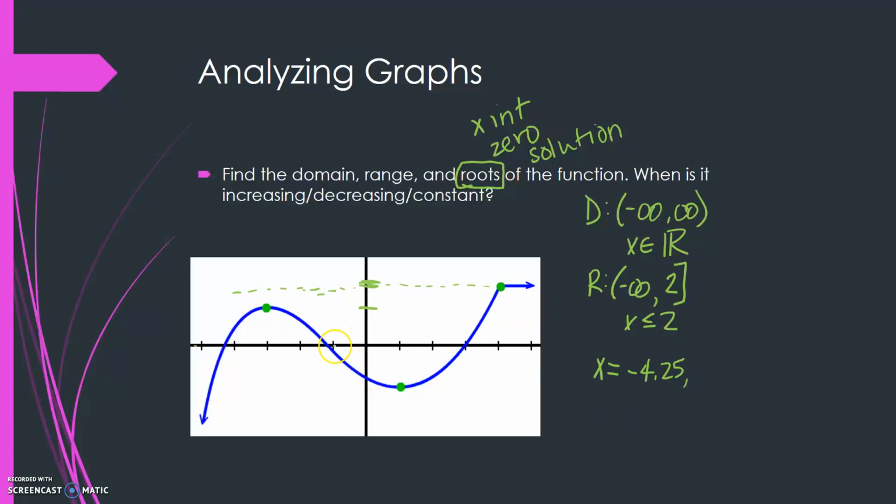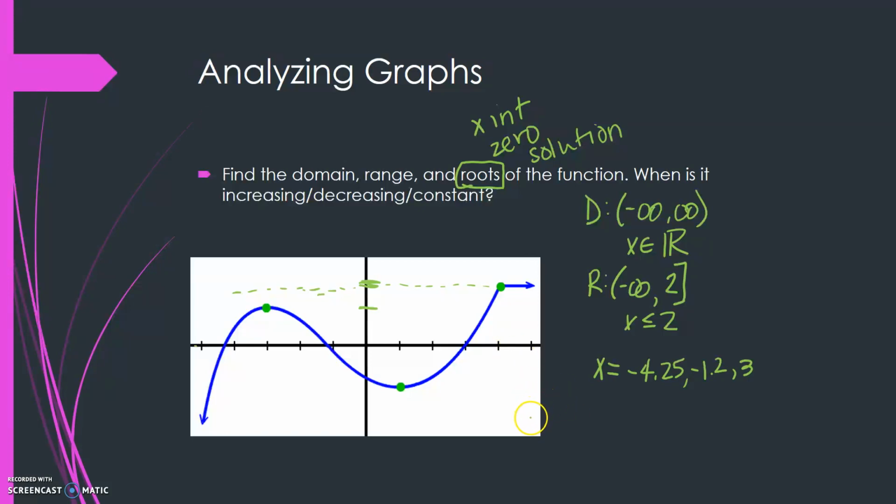The next one just past 1, so maybe like negative 1.2. And then the next one is just at a positive 3. Now, I'm guessing on that one. So I have 3 solutions, or 3 roots, at negative 4.25, negative 1.2, and 3.